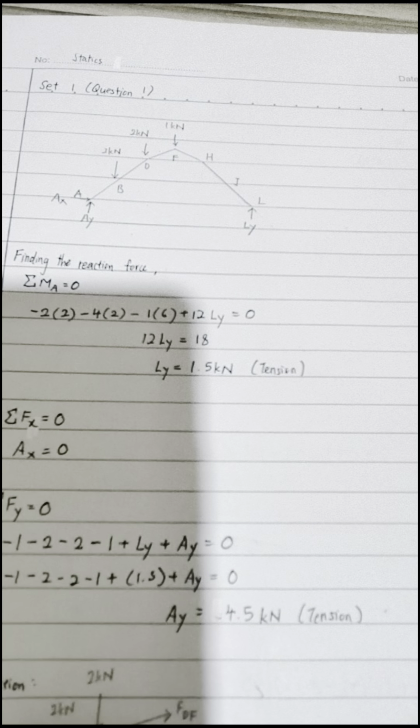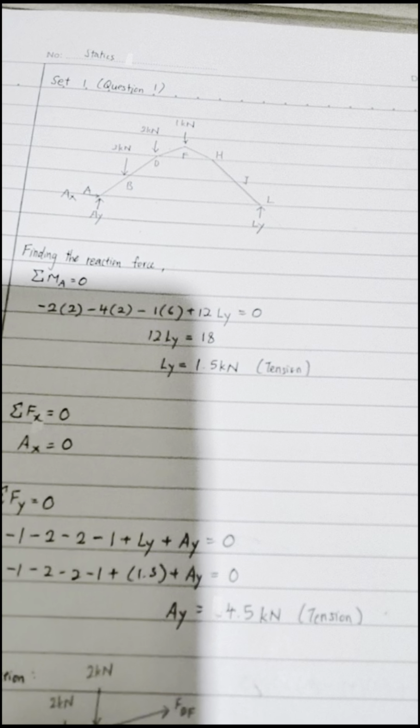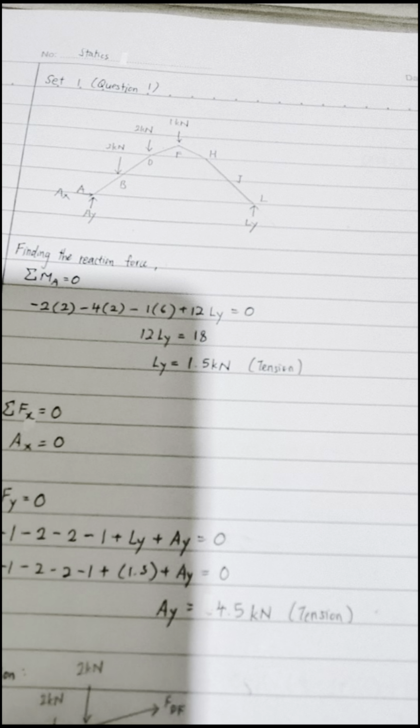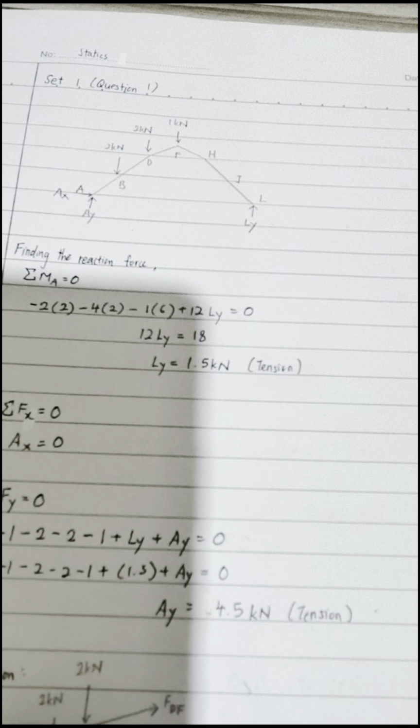First of all, we need to find the reaction forces before we move on to find the forces of each member. There are 3 reaction forces in this question, which are AX, AY, and LY. To find the reaction force at L vertically, we apply the moment about A equals 0, and we find the reaction force at LY is equal to 1.5 kN.